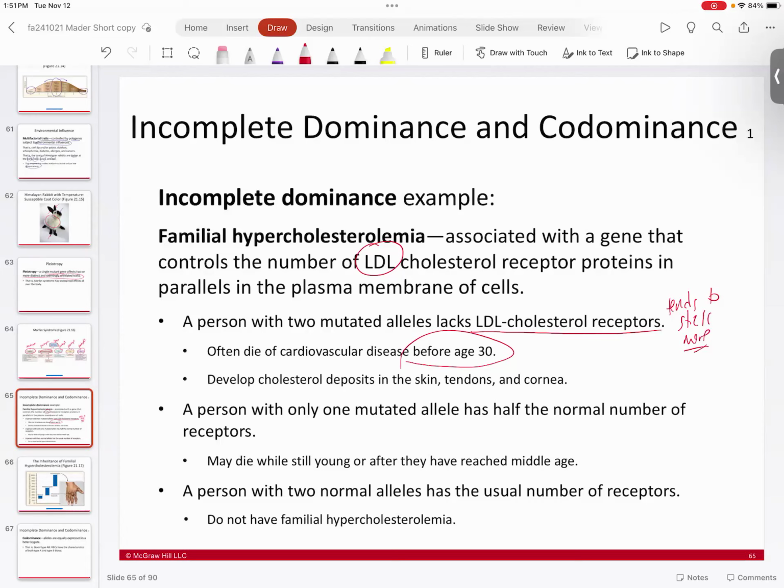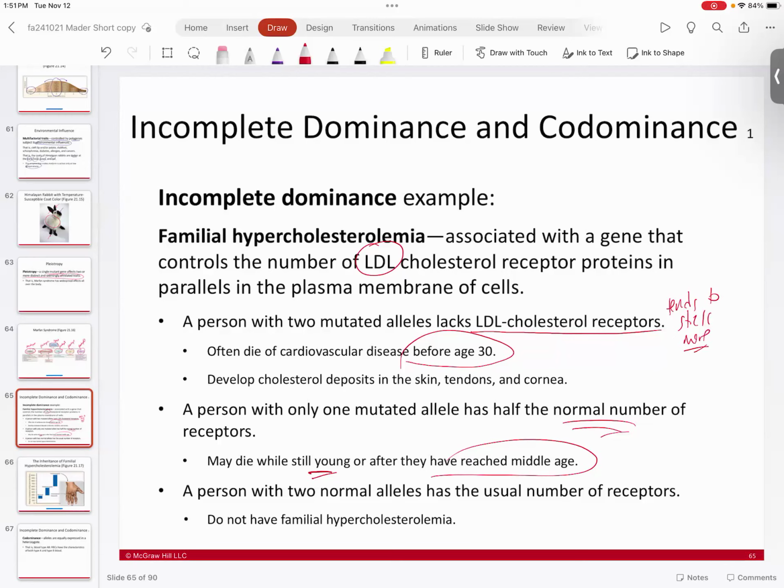A person who has only one has half the normal receptors. They may still die young, but they may get a little deeper into life. They're still kind of limping around, still kind of compromised, but not quite as bad as a person with 2.